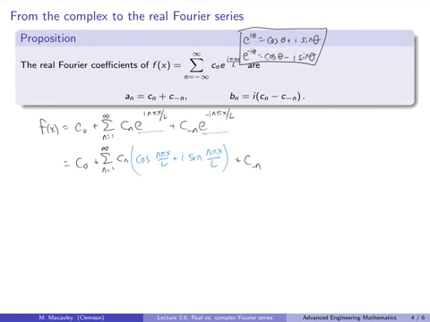So this is cosine of n pi x over L minus i sine of n pi x over L.